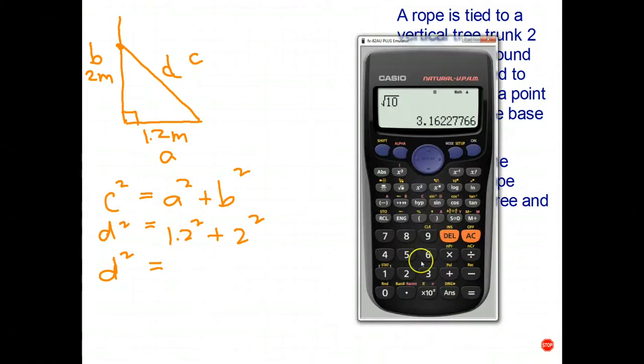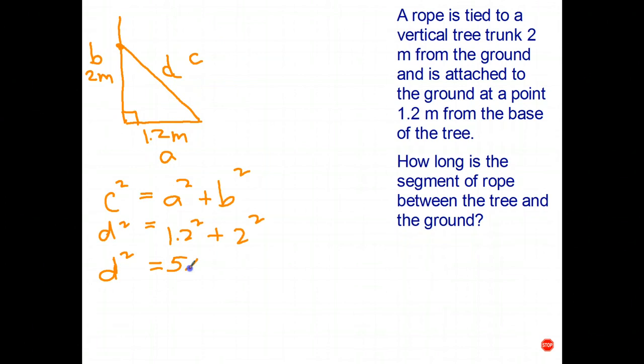1.2 squared plus 2 squared. I should always be checking, by the way, to make sure what I've typed is what I should have typed. It looks pretty good. And that gives us 5.44. To get rid of the square, I take the square root.